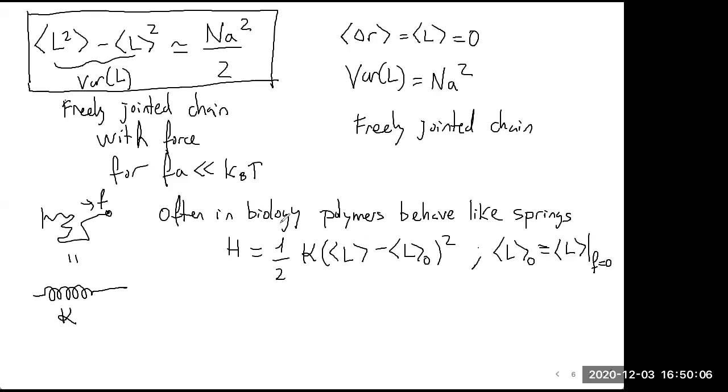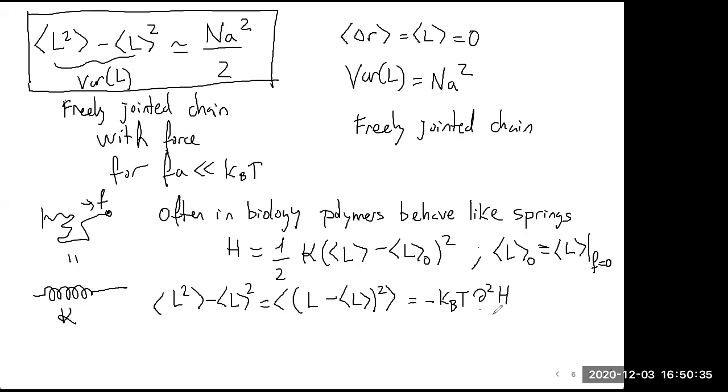So when you have something like this, you realize that here you can do the following. You can say that the average of L squared minus the average of L to the power 2 is the variance, and we said this must be minus KBT times the second derivative of H with respect to F squared.